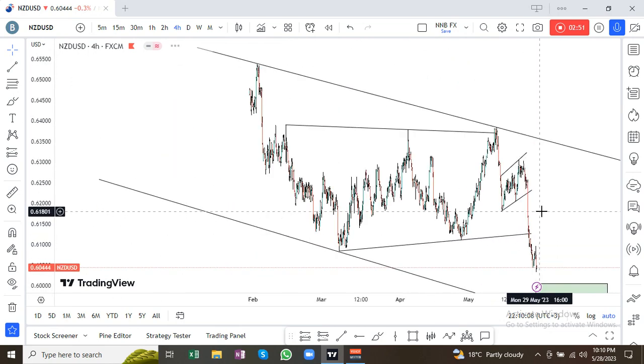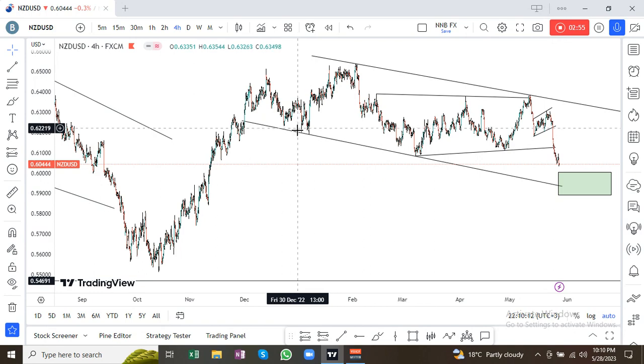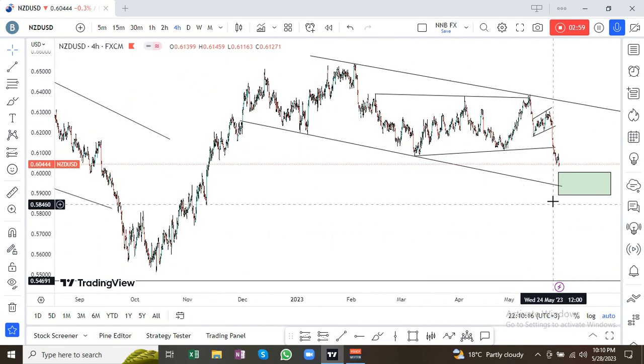We go down to the 4 hour time frame, you can see that it has already touched this continuation structure the first time, the second time. So this coming week I'm expecting it to come back down here for the third touch.